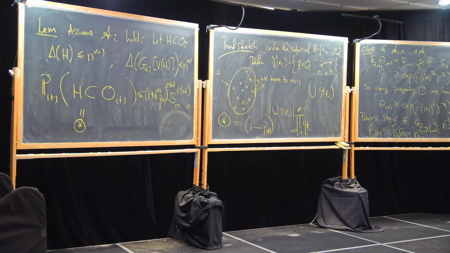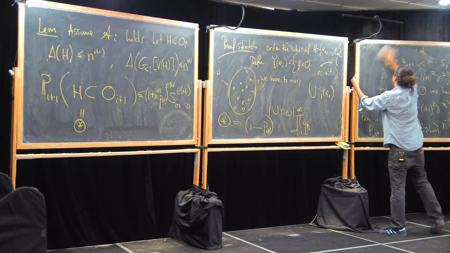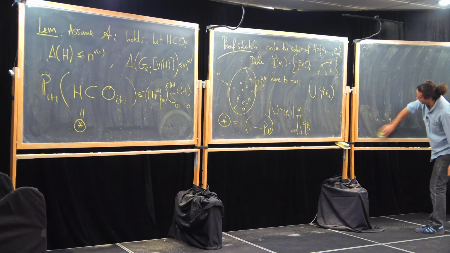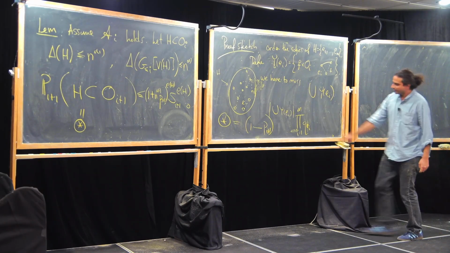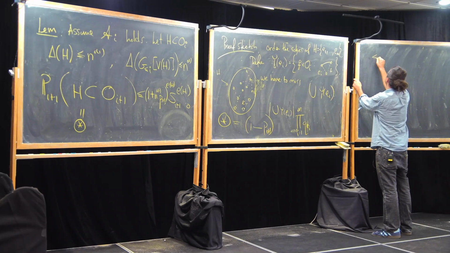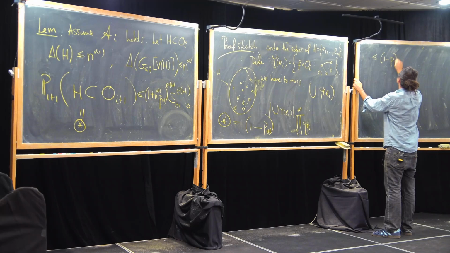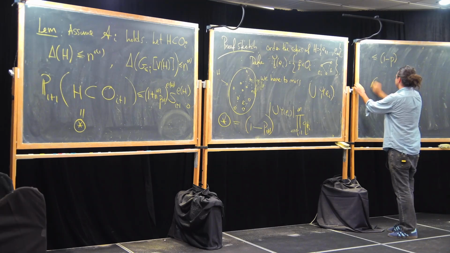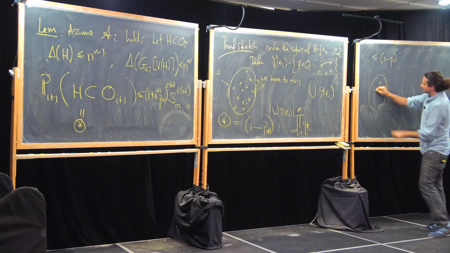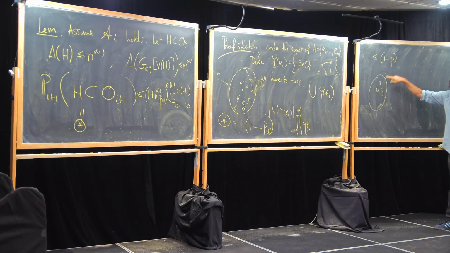And now all I want to do is make two very simple observations. Okay, let's just write this as at most 1 minus p. So actually, let's do it dynamically a little bit. This is not strictly necessary. You could just do algebra, that's fine. Let's look at the first edge. I explore the first edge. Right?